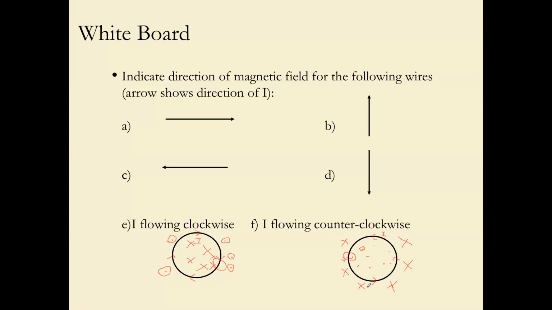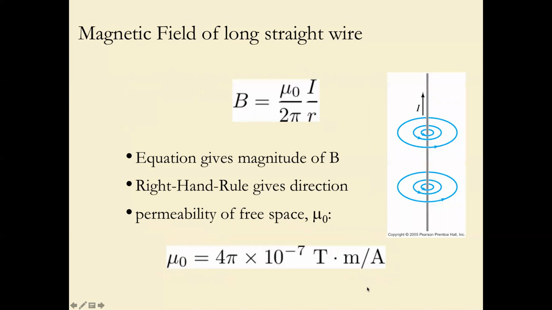So this is how we will find out the direction of the magnetic field for a current carrying wire. Those are some of the examples. And in this slide, you see how you will calculate the magnetic field created by a current carrying wire.